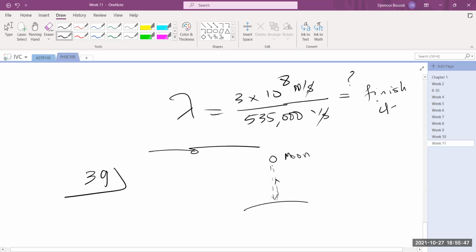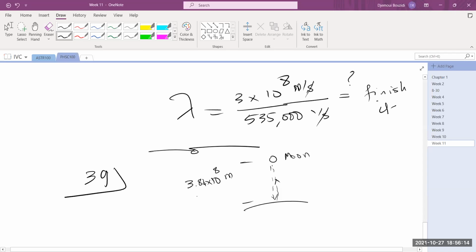The distance between the Earth and the moon is 3.84 × 10⁸ meters. It's basically 384,000 kilometers, which is 384 million meters.